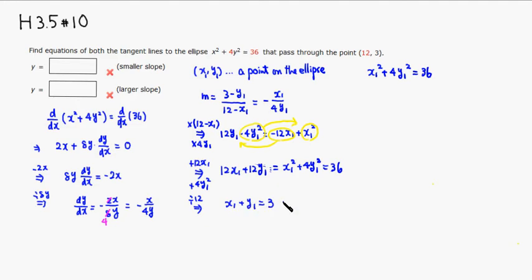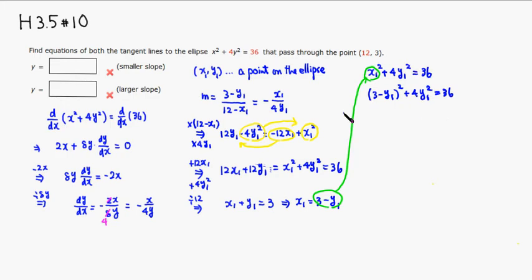Right, so from here I'm going to solve for, say, x1. So x1 is 3 minus y1. I'm going to plug this in here. So you're going to get (3 minus y1) squared plus 4y1 squared is equal to 36.